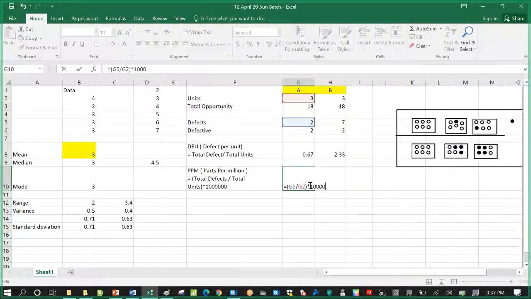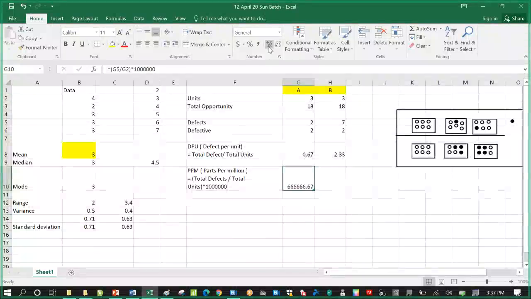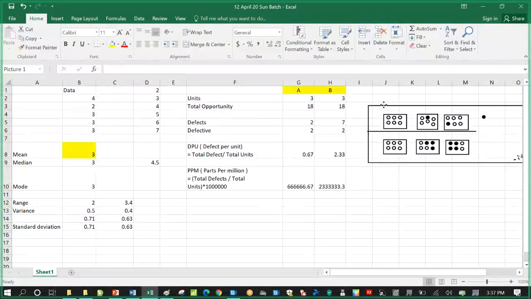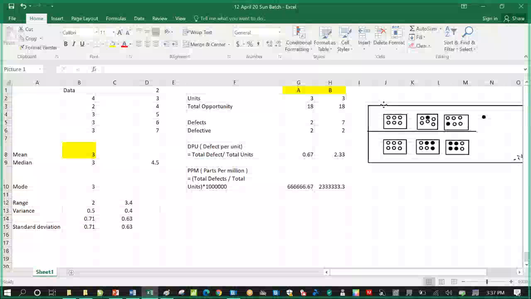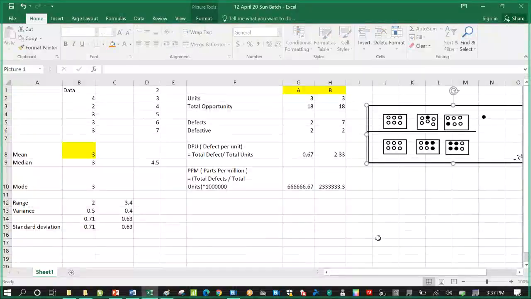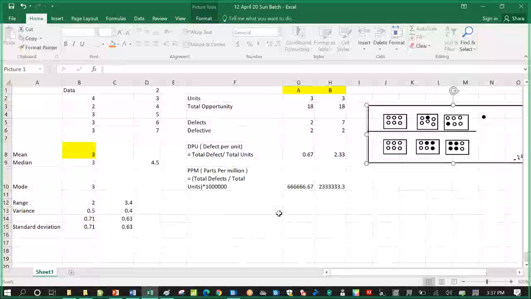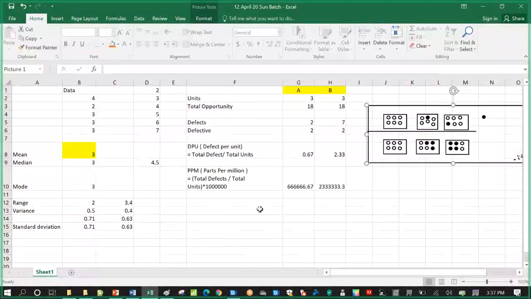What does this ppm indicate? This is one of the measurements which tells how your quality level is. Parts per million, that means how many parts were rejected out of million, kind of.